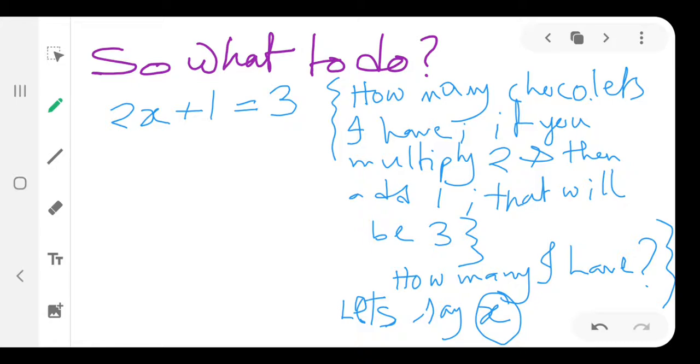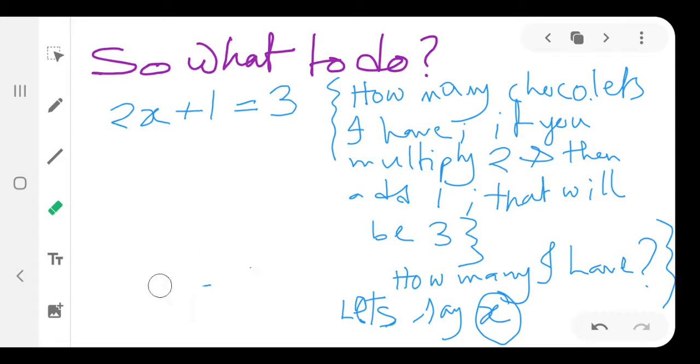Now, how much do I have if you multiply 2 with it? So 2x. Oh, one more thing I forgot to tell you. If you see 2x or say 5x or something like that, that means 2 into x. If nothing is there between an alphabet, that is a variable, and a constant, that means there is multiplication. So please remember this thing.